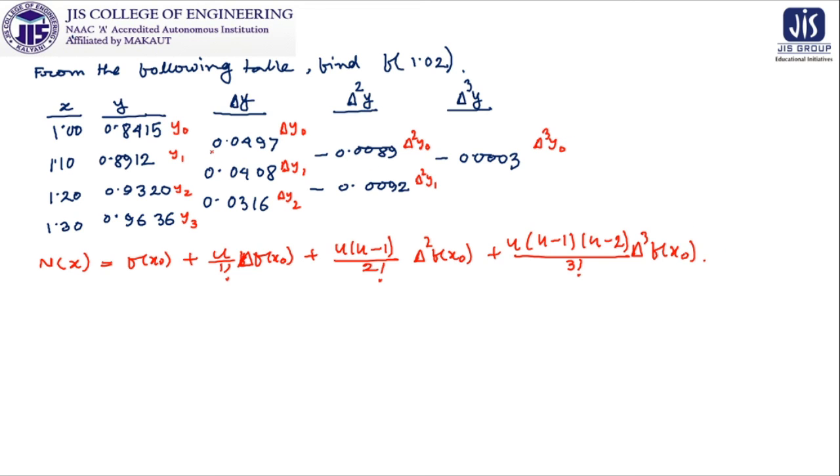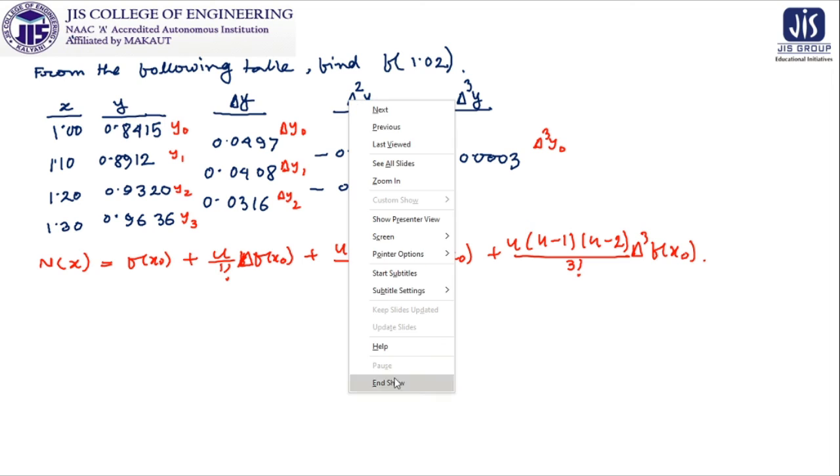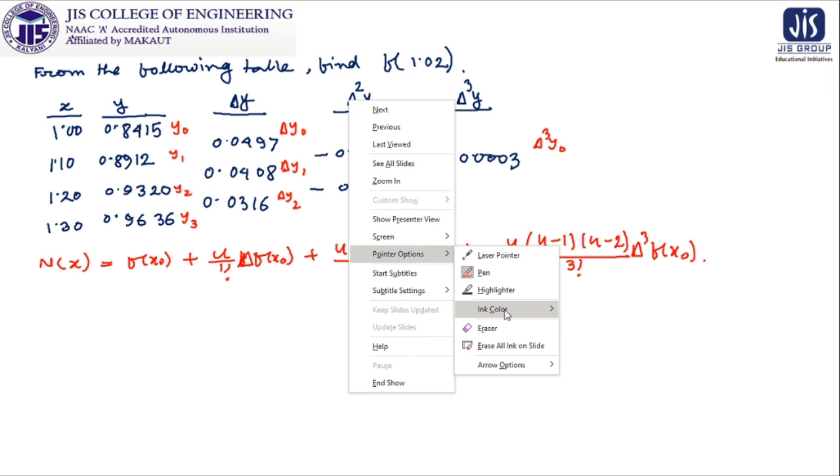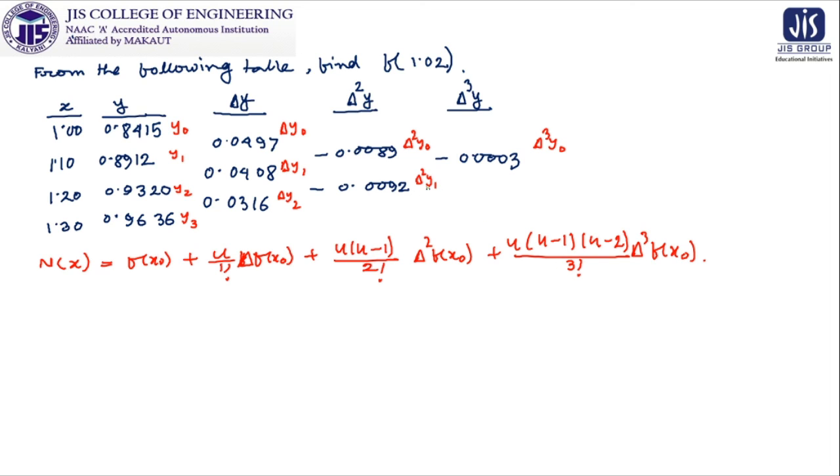What I am trying to emphasize is that we are actually requiring for these calculations the total table has to be constructed, but we are now going to use this part only in our requirement.